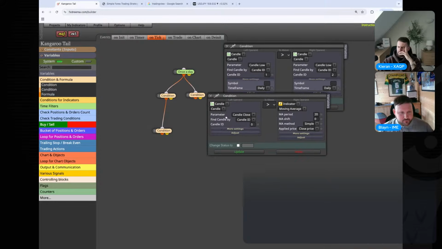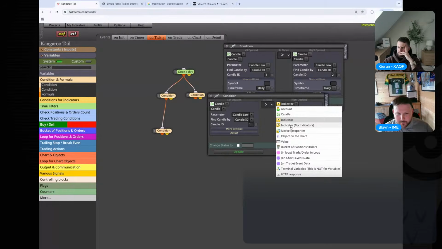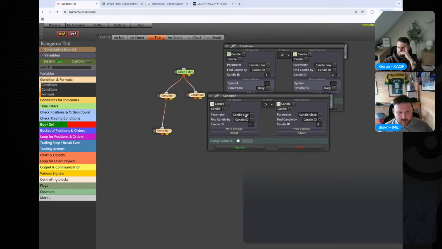So candle high, I'm having to think here. It's been a while since I've built it and said something on the stream. Candle high of 1 is below the candle high of 2.